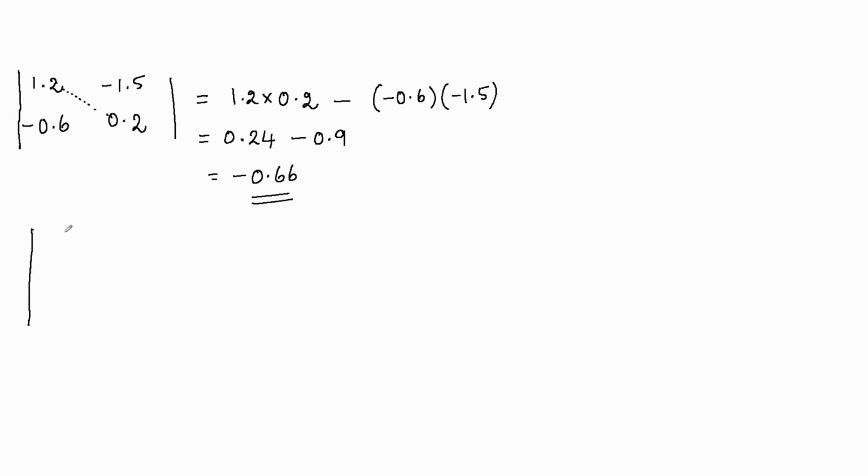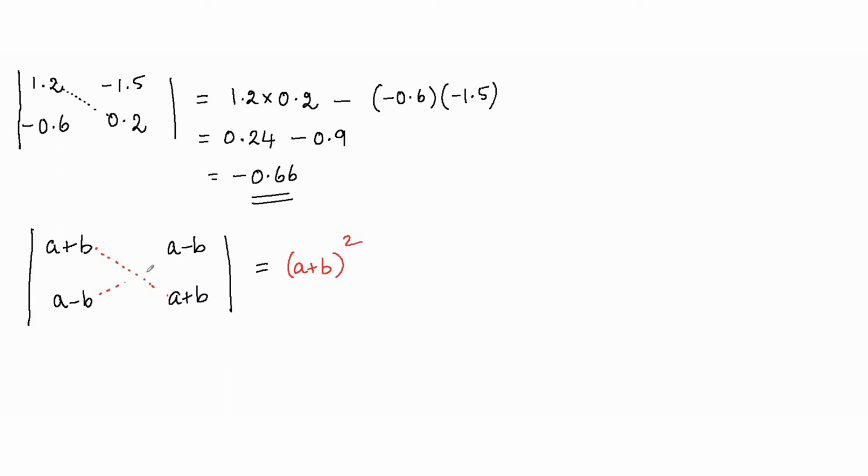Now you could also have determinants for algebraic expressions. So if I have a plus b and a minus b, I could find this determinant. What I am supposed to do is again take the leading diagonal. So the leading diagonal over here is a plus b multiplied by a plus b, which is a plus b the whole square.